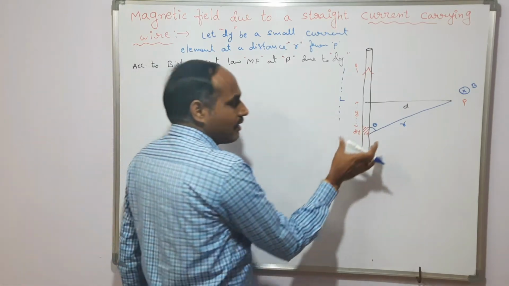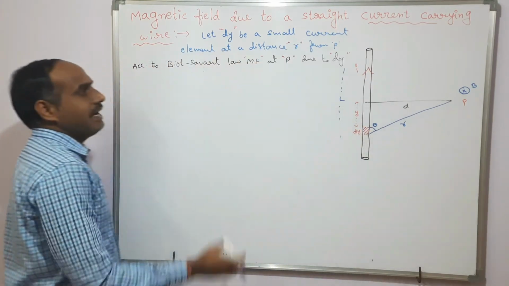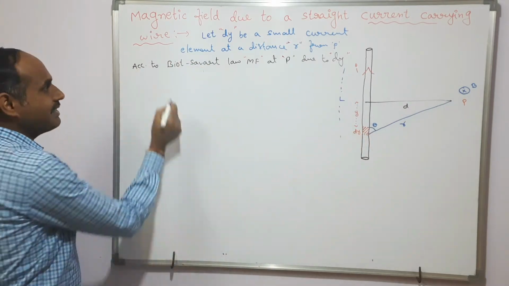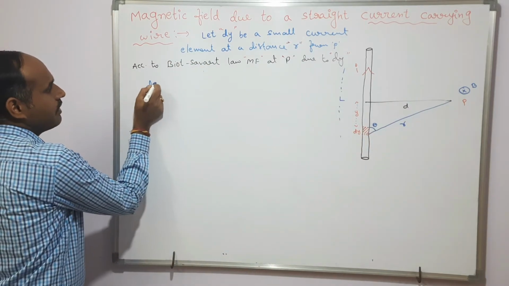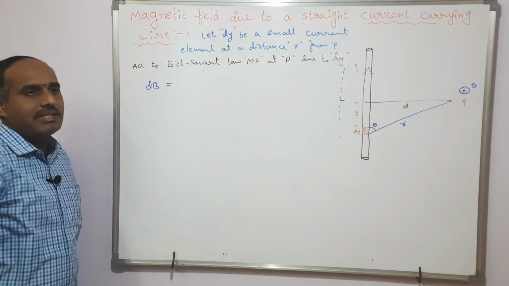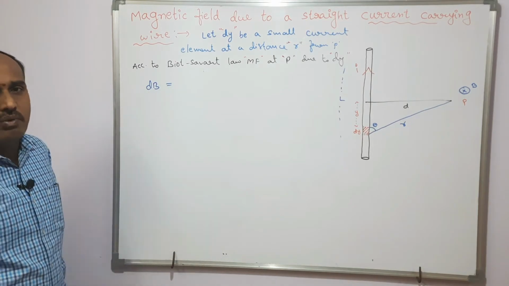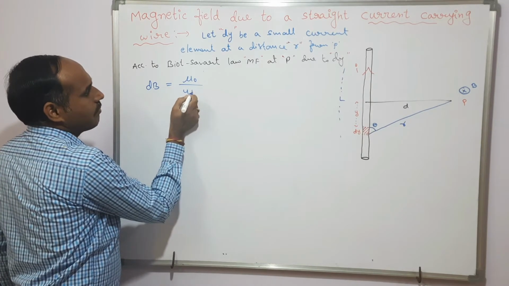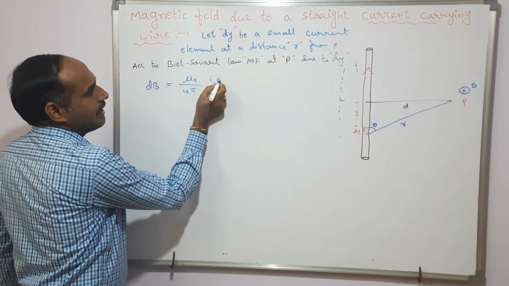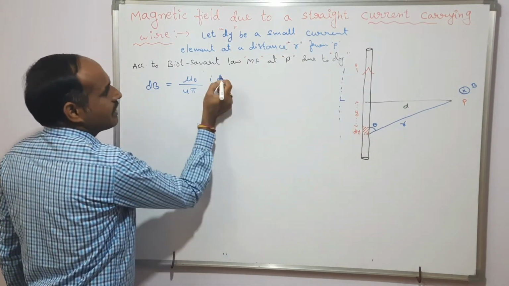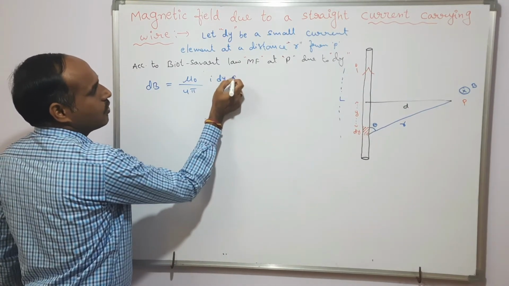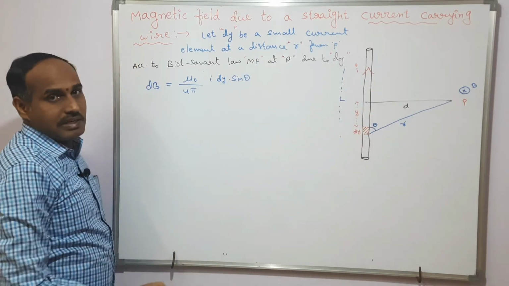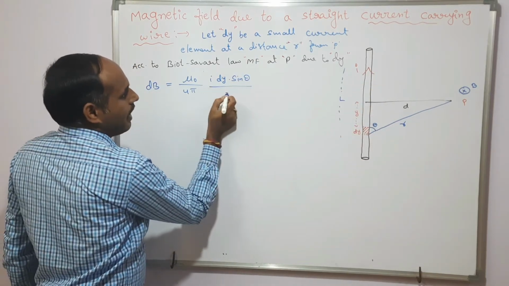In this case, the magnetic field at point P due to the small element dy is dB. From the Biot-Savart law, dB is mu naught by 4 pi I dl sin theta by r square, where the length of the element is dy and theta is the angle made by this element with the position vector, divided by r square.